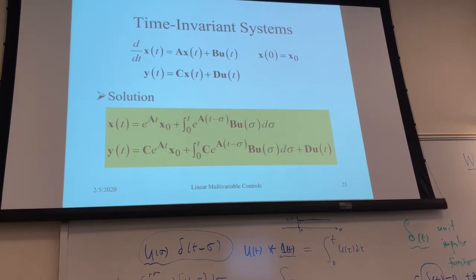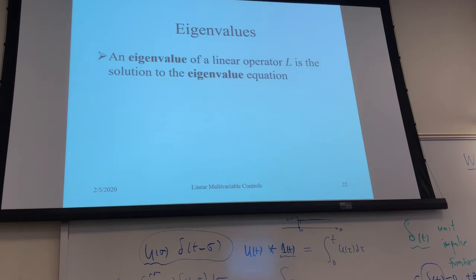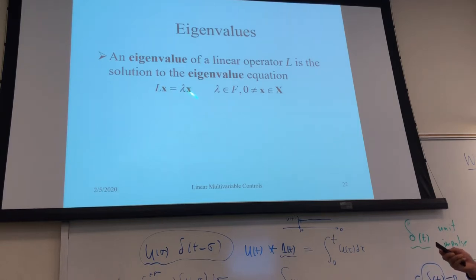But before we further discuss this one, we are going to review what an eigenvalue is. Do you guys still remember what an eigenvalue is? Eigenvalue for a linear operator L. Think of L as a matrix. Then L x equals a scalar lambda times x, for all x not 0.